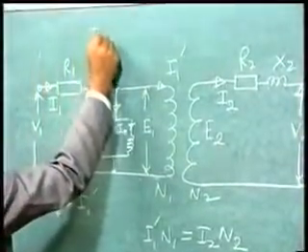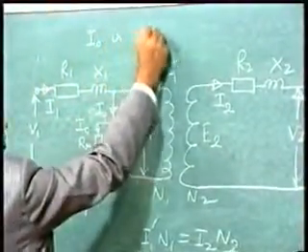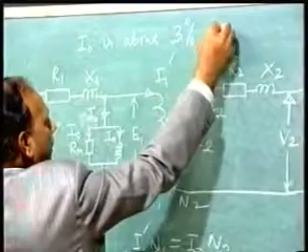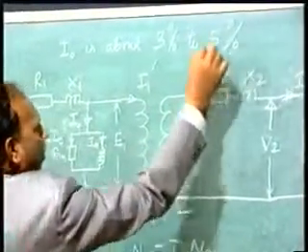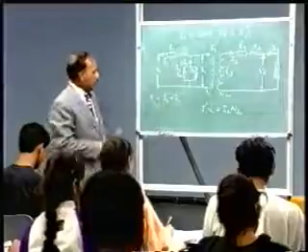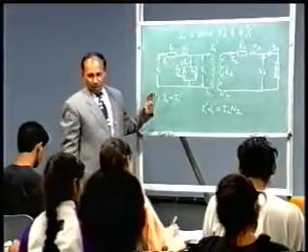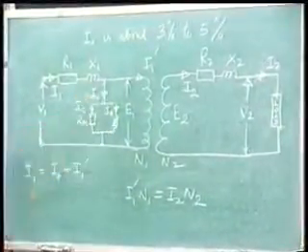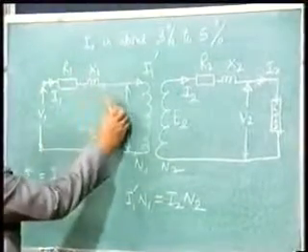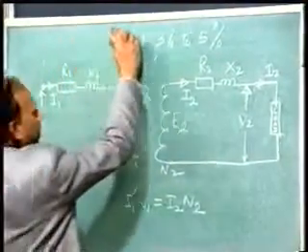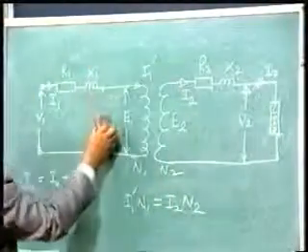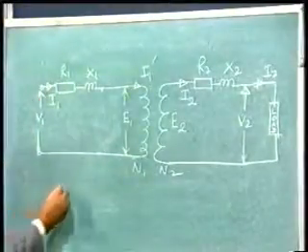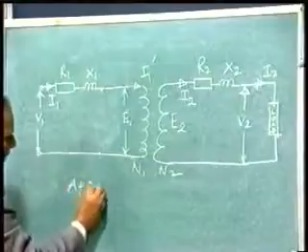I0 is about 3% to 5% of the full load current. That means if you make an approximation of 3 to 5%, you can neglect this branch. So if you remove this parallel circuit, this becomes your approximate equivalent circuit.